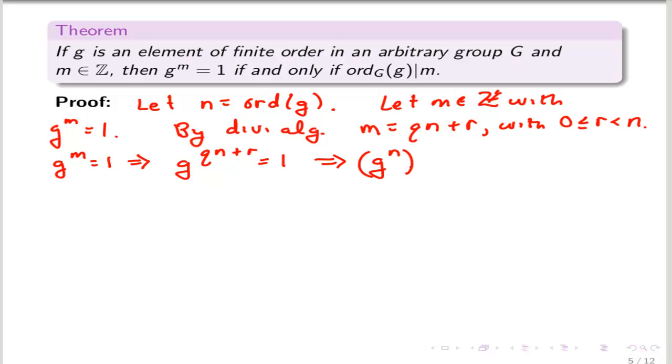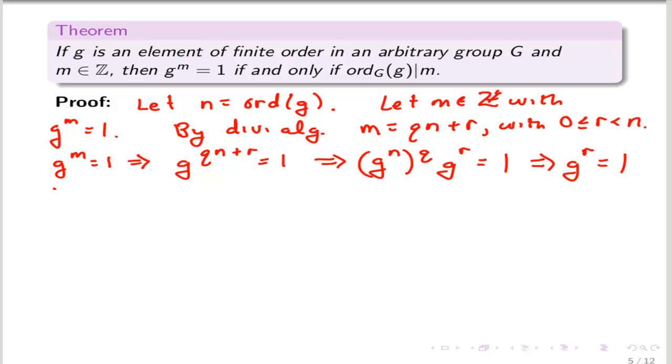And let's write that as g to the n, q times, times g to the r. But what's g to the n? n is the order of g, so that's 1. Aha! We have another power of g equaling the identity, and that power is strictly smaller than n, which is the minimal positive number that would give me the identity.